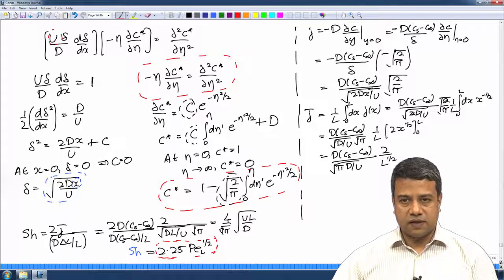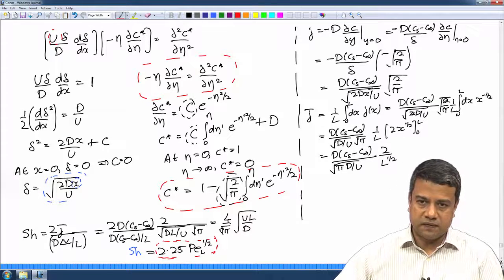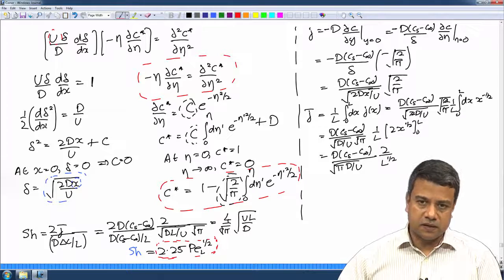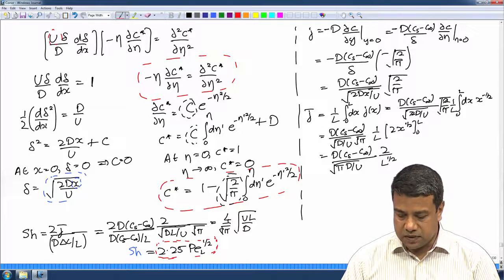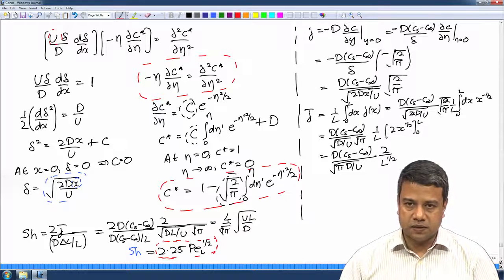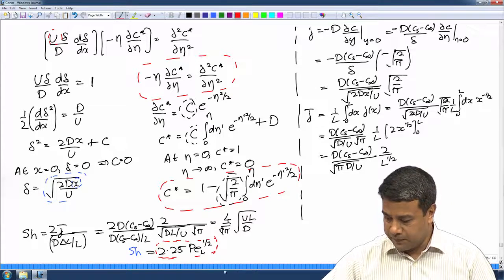In that case, the convective term is proportional to the velocity itself. The diffusive term goes as two derivatives, or 1 over the boundary layer thickness squared, and therefore the boundary layer thickness has to go as Peclet number to the -1/2, and the Sherwood number or the Nusselt number goes as Peclet number to the +1/2.